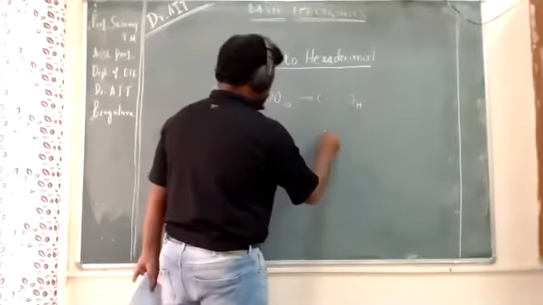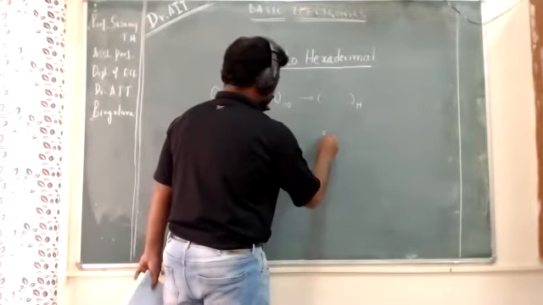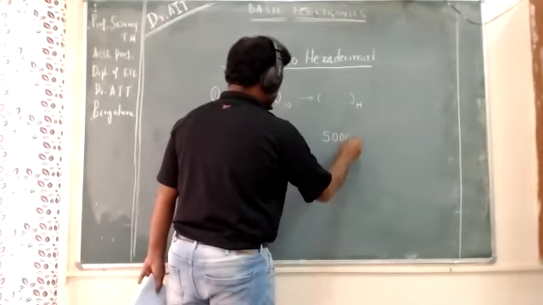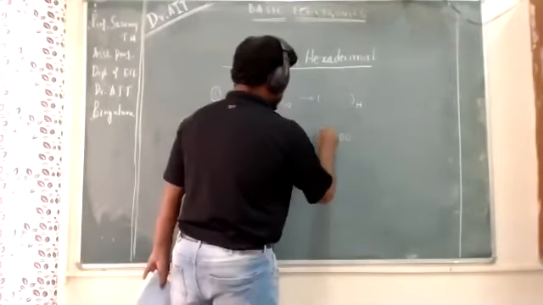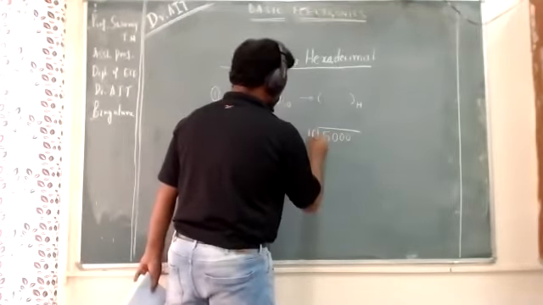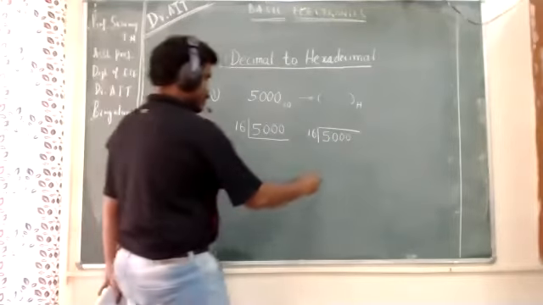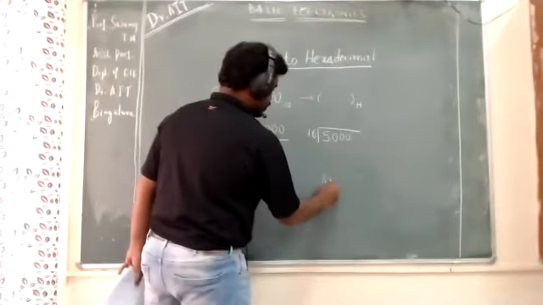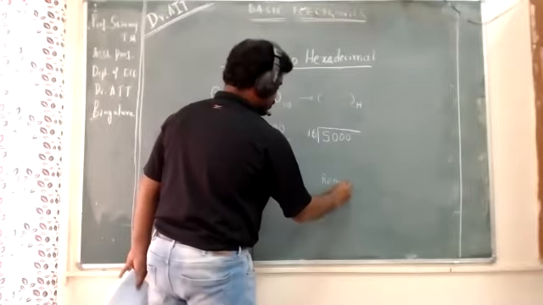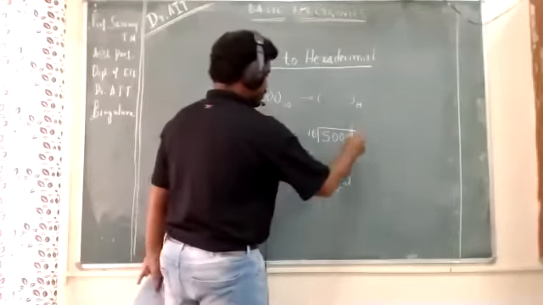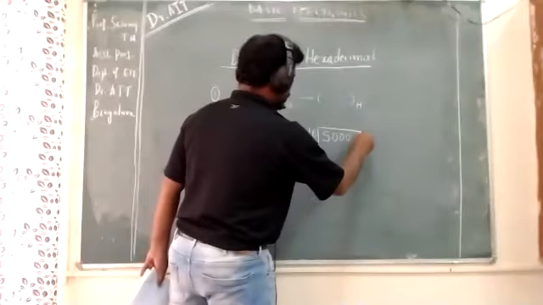So it's a basic division. Since it is a first example, I will go for a basic division method. So 16. Okay. Now what is the remainder you will get, and what is the quotient you will get?